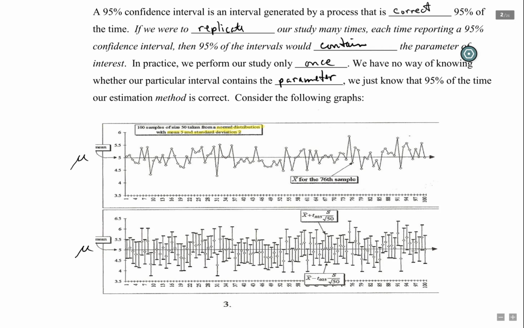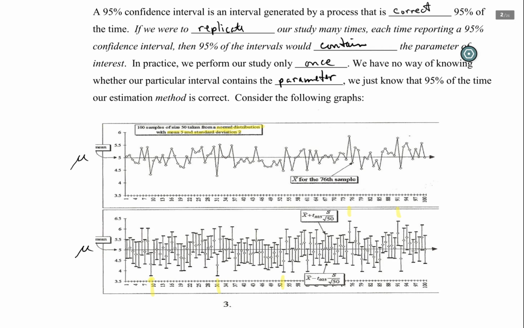Here's one right here, around the 10th sample. Around the 31st sample, we have a point that it did not capture. Around the 52nd sample, around the 76th sample, it didn't capture mu, and scanning through here, right there around the 91st sample.